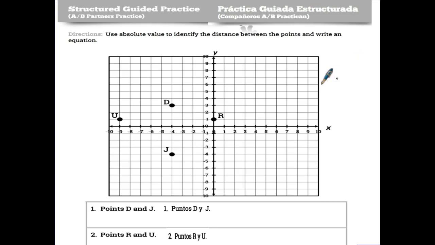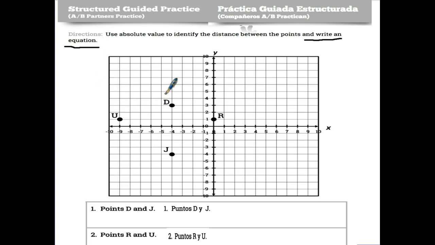So find the structured guided practice for this lesson, and we're going to do the same thing, except this asks you now to write an equation. And that's what I wrote when I did the absolute value of both points and equals whatever the sum or the difference was. And so we're going to do the same thing here.